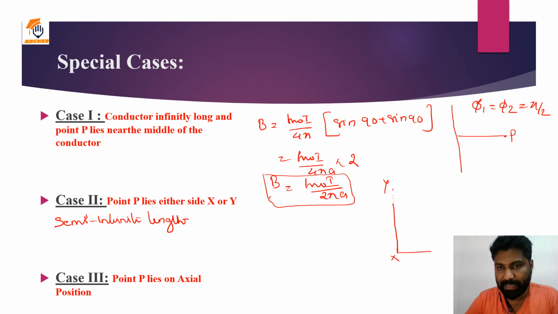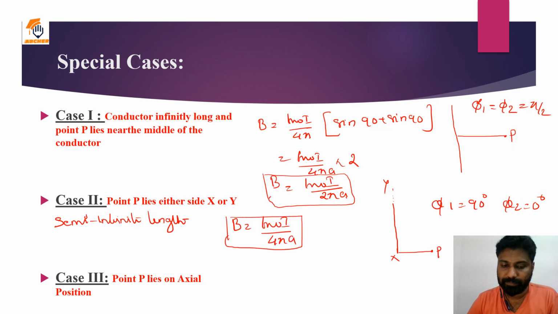If I take this as X and Y, then P is at either X or Y. So here phi 1 will be 90 degrees and phi 2 will be 0 degrees, right? So the equation will become sin 90 plus sin 0. So B will become mu 0 I by 4 pi A only. So for this case, we got B equal to mu 0 I by 4 pi A only.